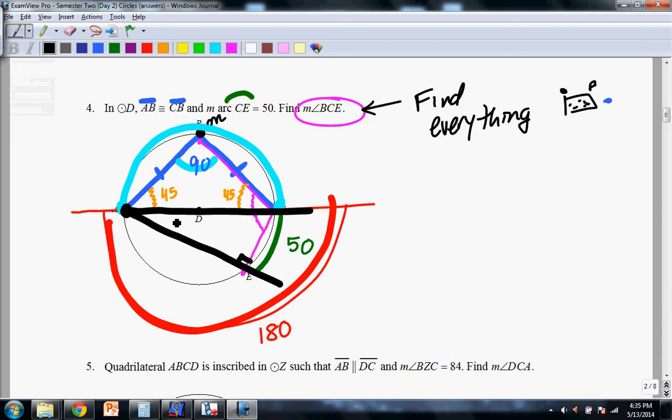So that means back here is half. It's 25. Your final goal is therefore, using this information, you want to find this still light pink missing angle, and then you have the 45 and use that to find your target angle, which is BCE.